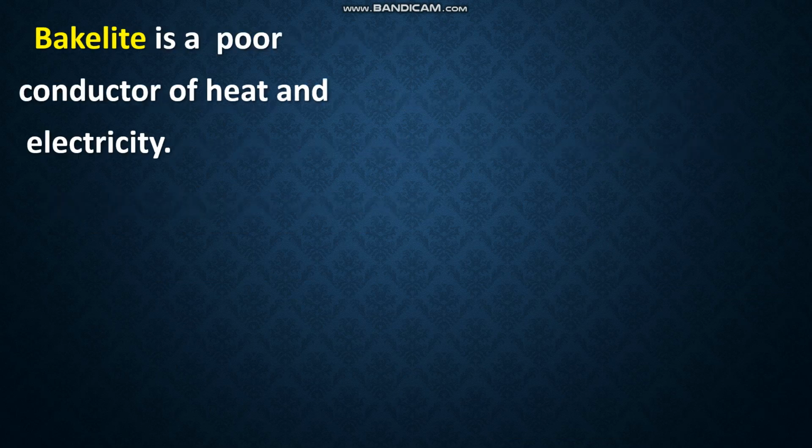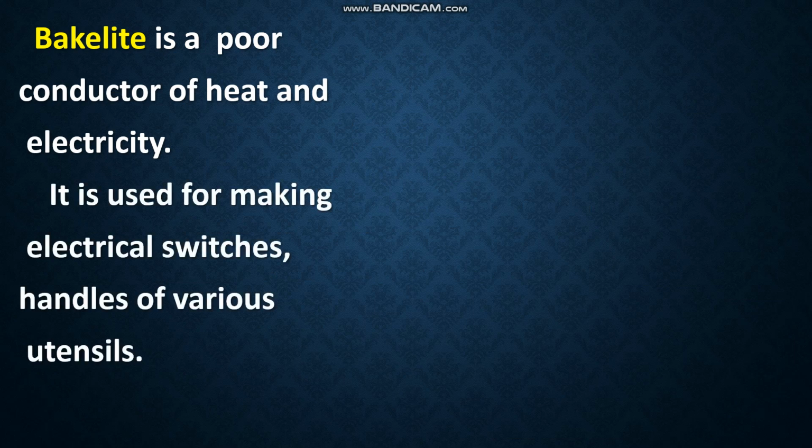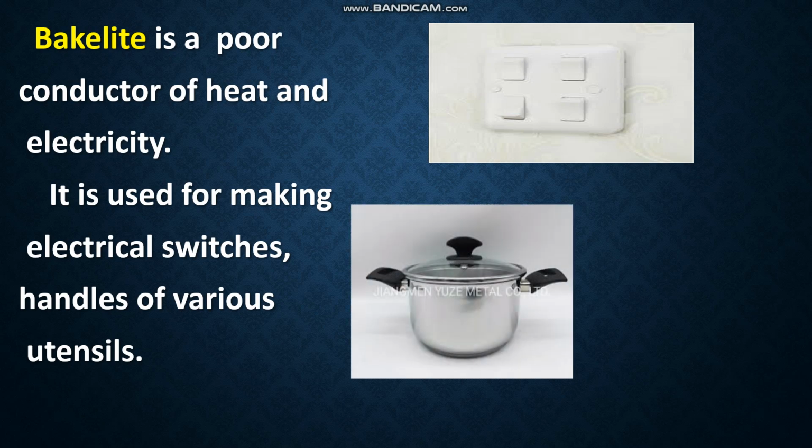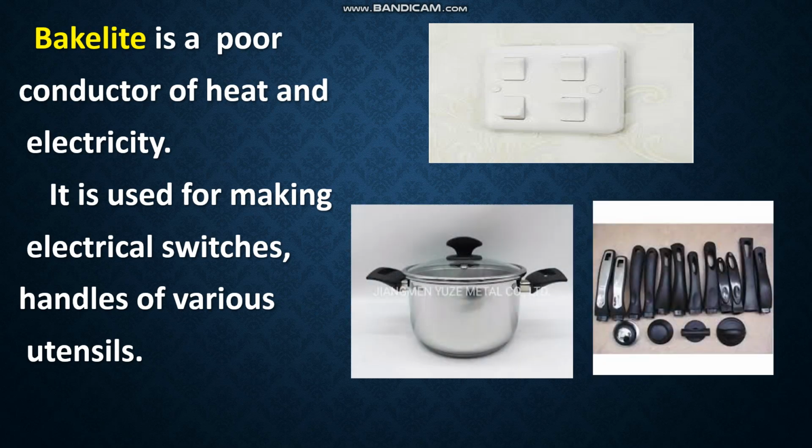What is this bakelite? It is a poor conductor of heat and electricity. It is used for making electrical switches, handles of various utensils, pressure cooker handle and frying pan handle, all these are made up of the material called bakelite.